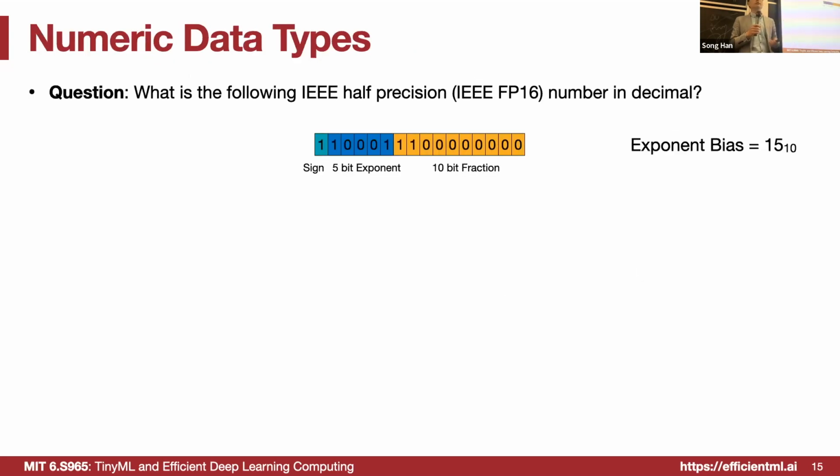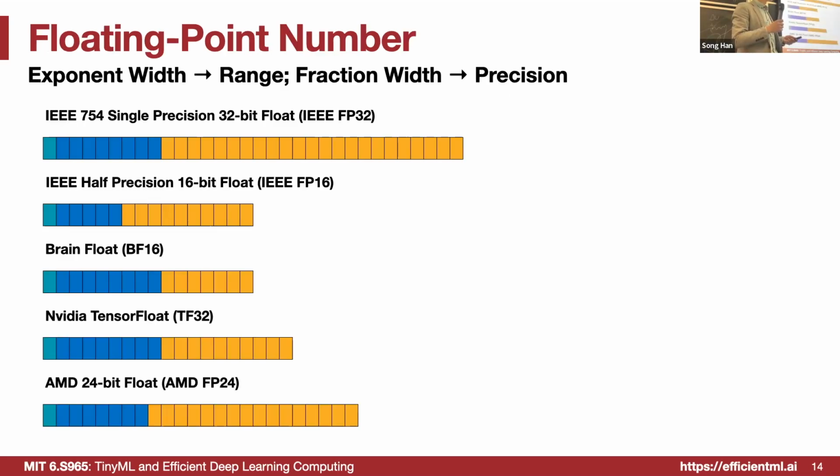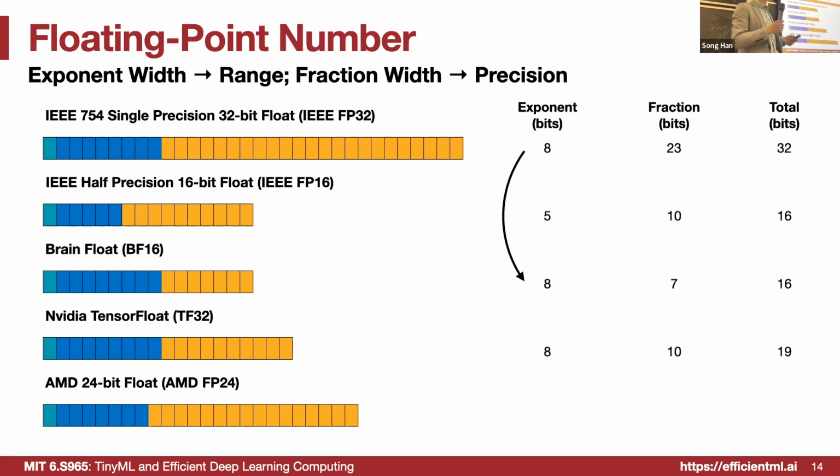All right, so any questions? So TensorFloat 32 means basically it has the same dynamic range as FP32, but different from all other representations, this is the only one that doesn't correspond to the exact number of bits actually required.